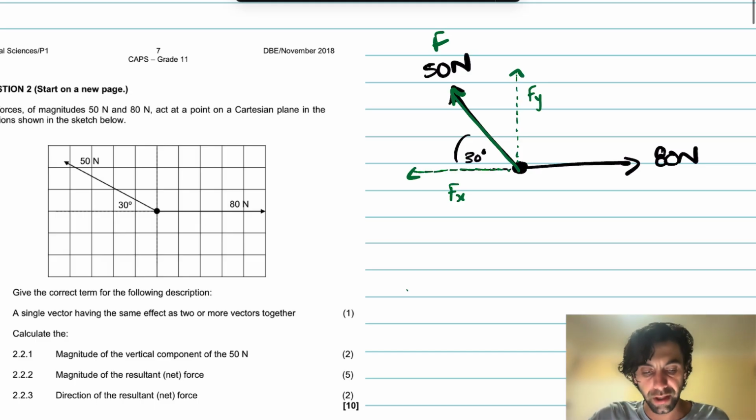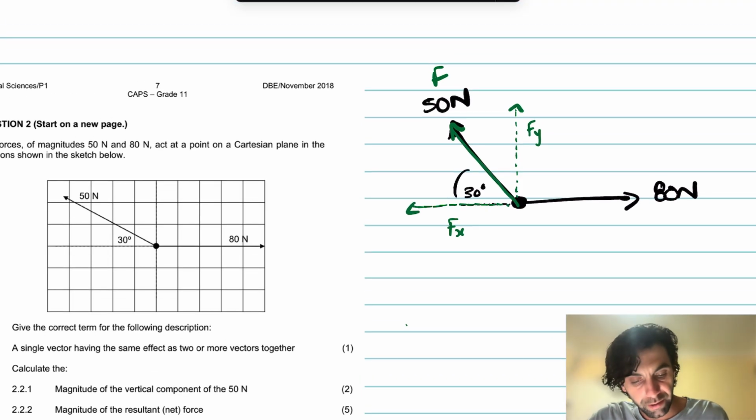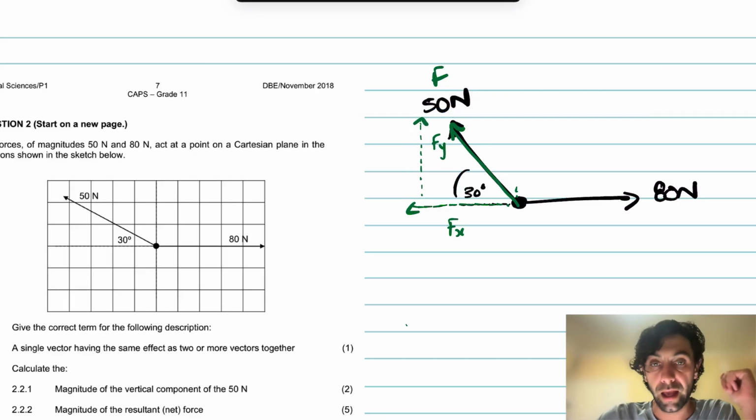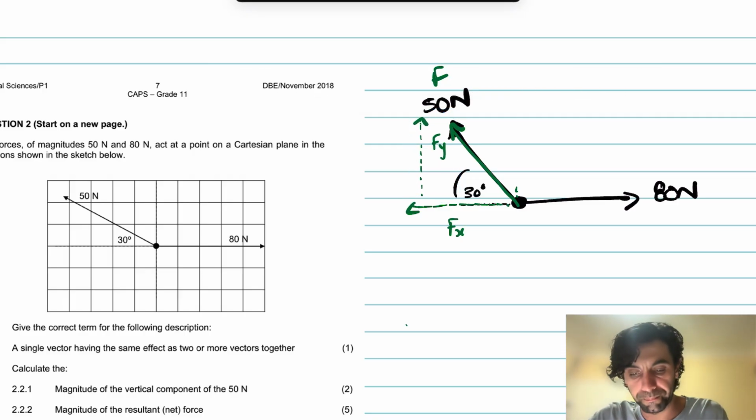Now, how do we figure those out? Well, a very nice trick to do over here, if it helps you with trigonometry, is to simply bring this force over and create a closed triangle.